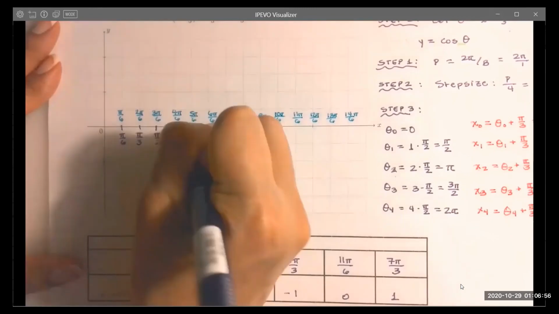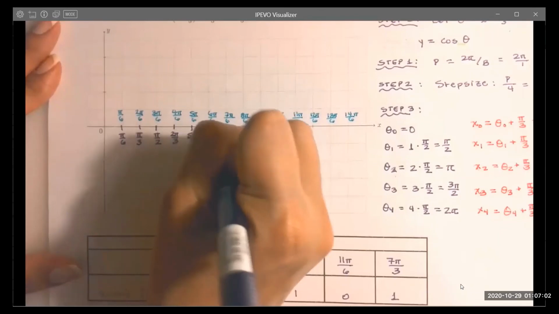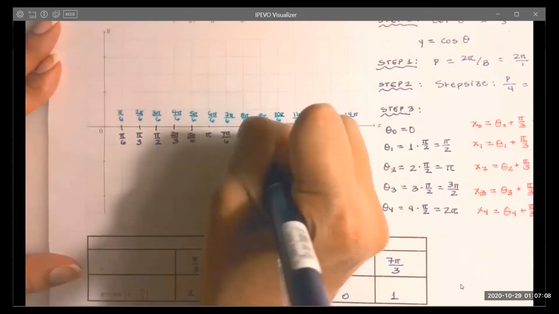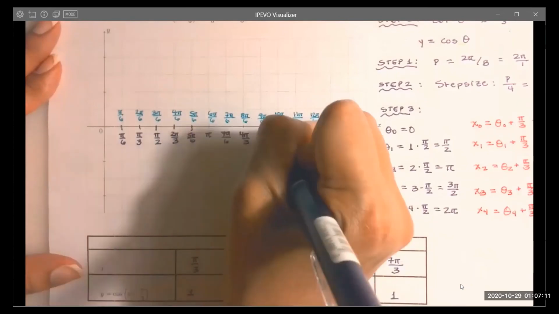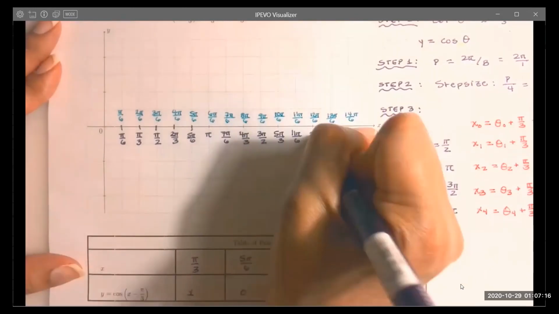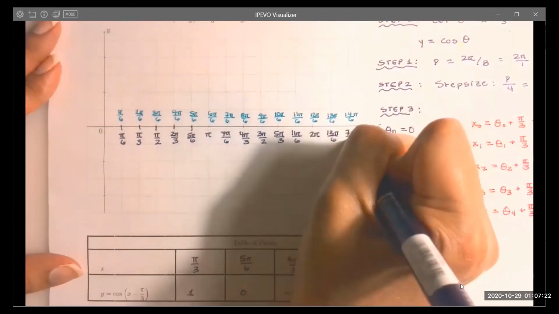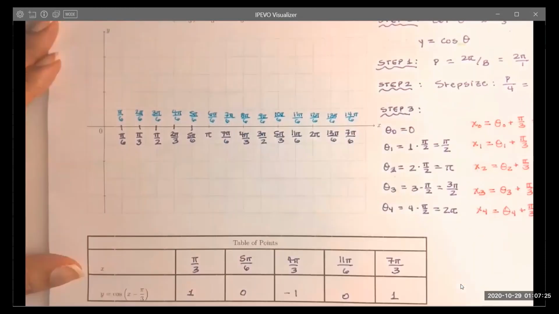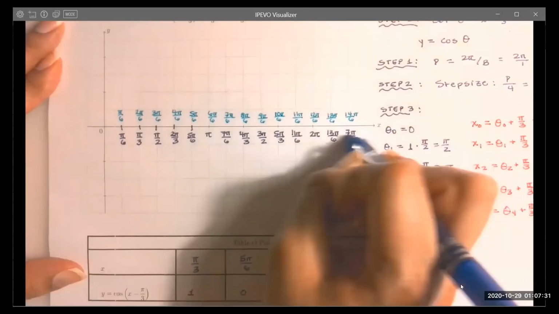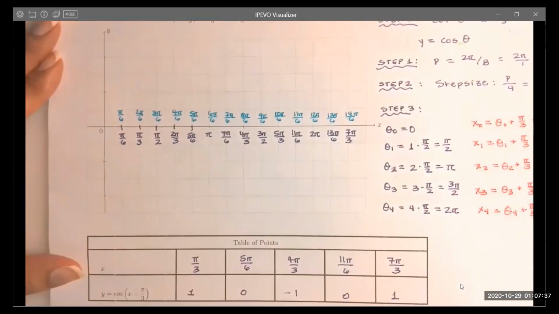So 5 pi over 6 doesn't reduce, but then 6 pi over 6 becomes pi, 7 pi over 6 can stay. 8 pi over 6 becomes 4 pi over 3. 9 pi over 6 is 3 pi over 2. This is 5 pi over 3. 11 pi over 6 remains the same. This becomes a 2 pi. This remains the same. And this becomes a 7 pi over 3. So questions about the tick marks? The tick marks are okay?